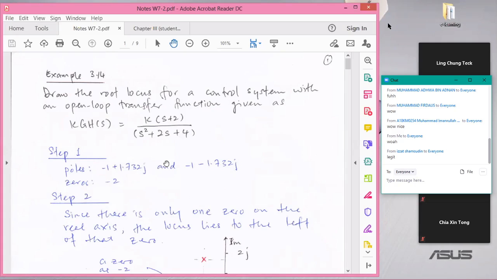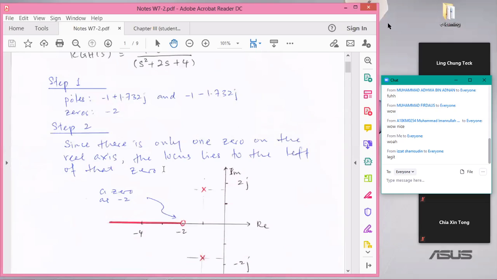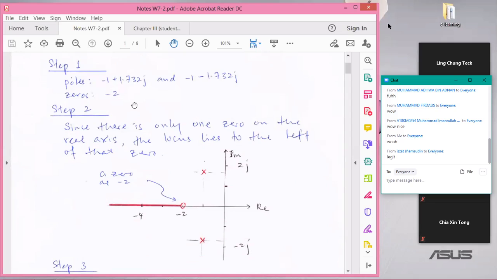So use X for pole and O for zero and locate that on the complex plane. We have a zero at -2. So use O for that. Put a small circle around -2 to indicate that is a zero. And then you're going to have 2 complex poles at -1 and 1.7j.